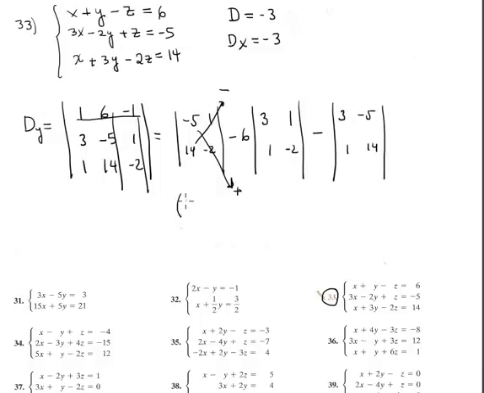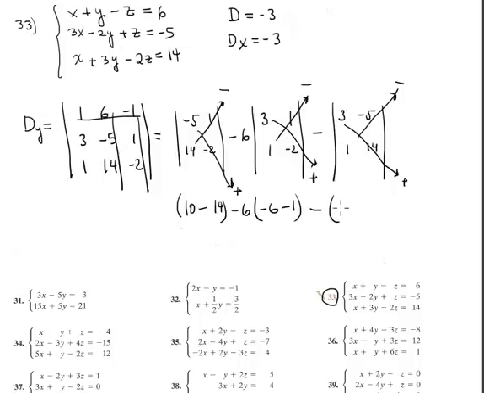This is 10 minus 14, minus 6 times, this is minus 6, minus 1, minus, plus and minus. This is 42 plus 5.